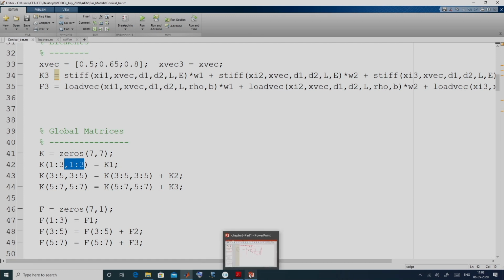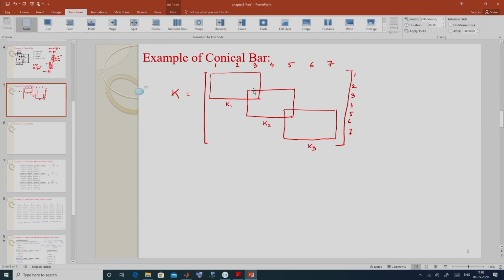After entering K1, this portion is already non-zero. So, we have to add K2 with the existing entry, because K3 comma 3 has some non-zero value because of K1. Generally in assembly we should always add; only at the very first step all entries are 0.